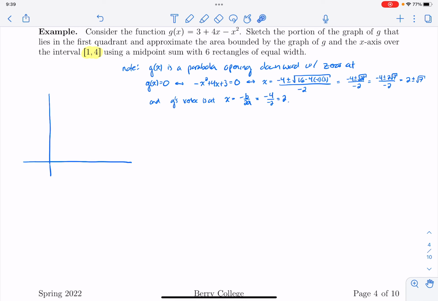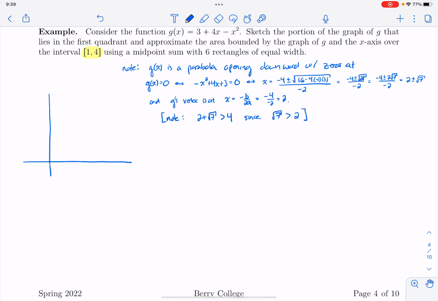It might be worth noting that 2 plus root 7 is going to be bigger than 4, since root 7 is bigger than 2.